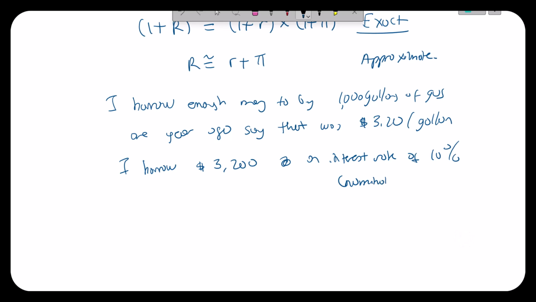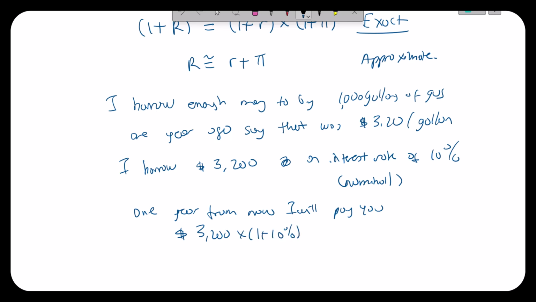So 1 year from now, I'm going to pay you $3,200 times 1 plus 10%, which is going to be $3,520. All right? Because 10% of 3,200 is 320.